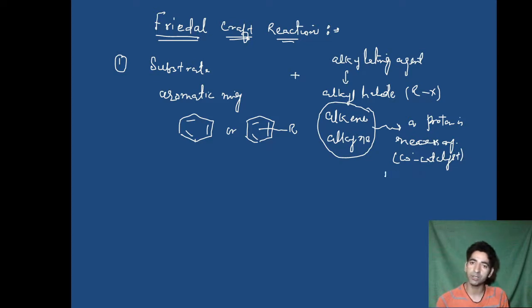It can be water or alcohol, or any acid like HF. The co-catalyst used is a proton source like HF. Later on we will see in the example how this co-catalyst works.